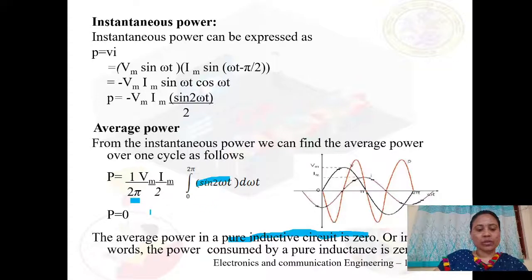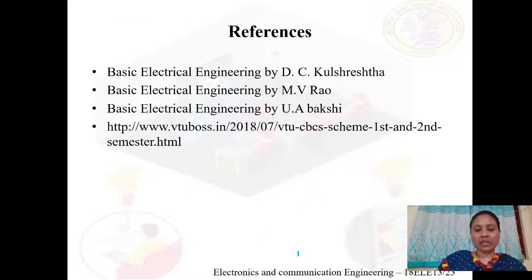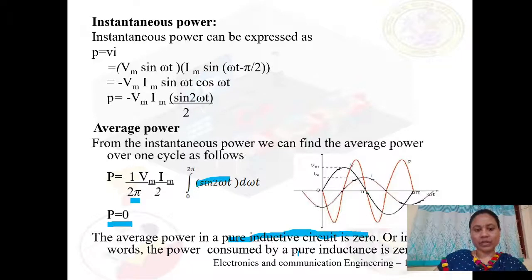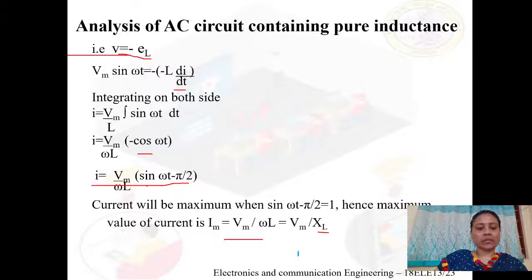So it will be 0. Hence, the average power in a pure inductive circuit is 0. In other words, the power consumed by the pure inductive component is 0. Okay. That's all. Thank you.